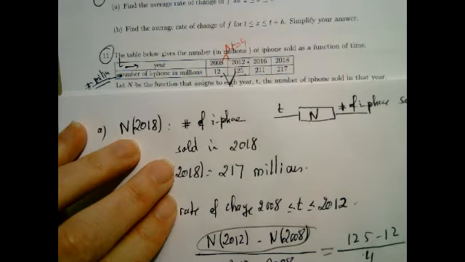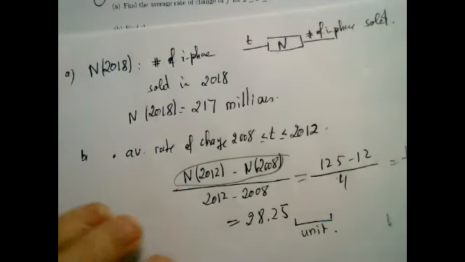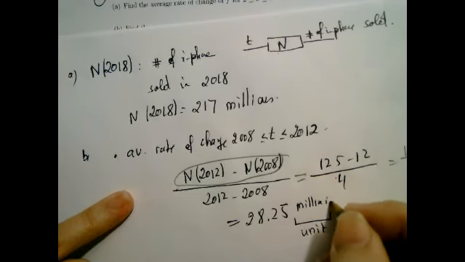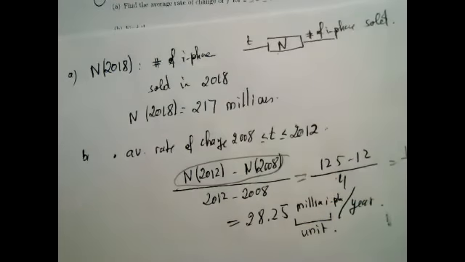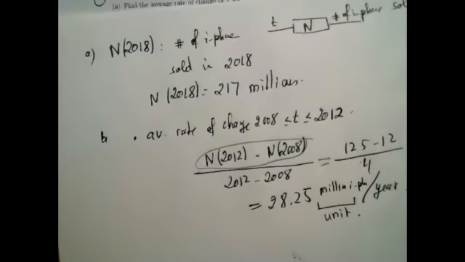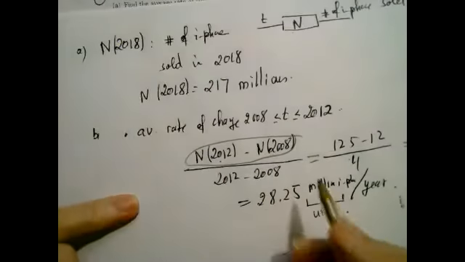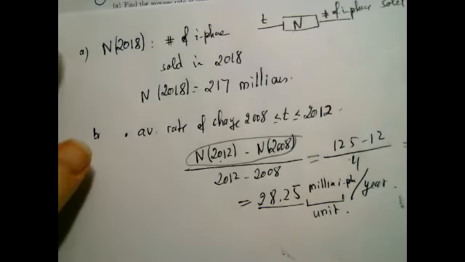Not million, million is not right. It's million per year. So the unit is million iPhones per year. It means on average, between 2008 and 2012, the number of iPhones sold was increasing by 28.25 million per year.